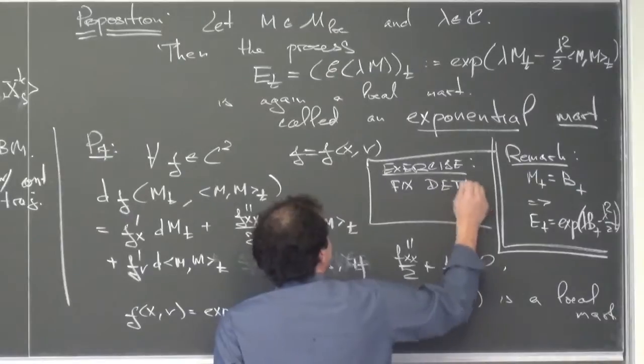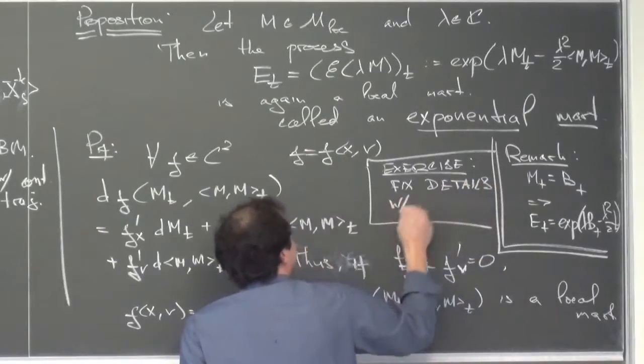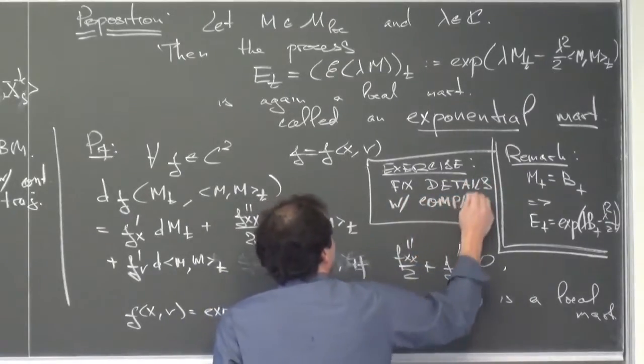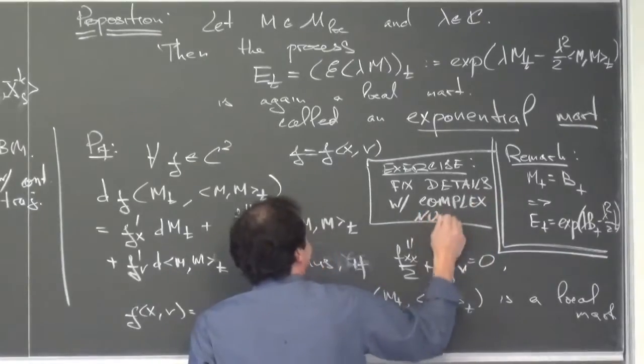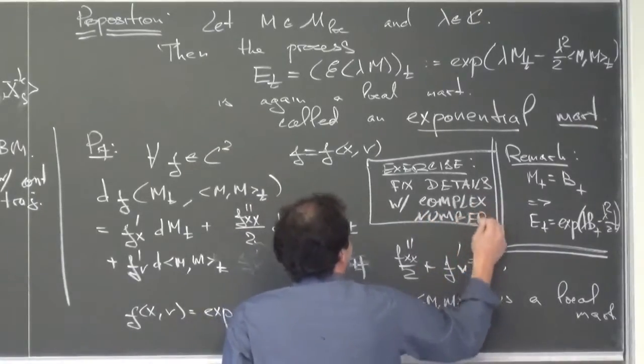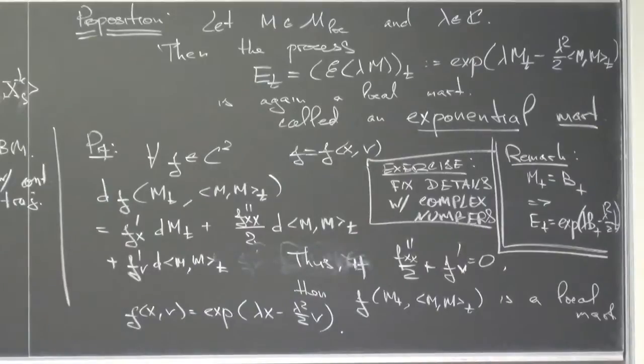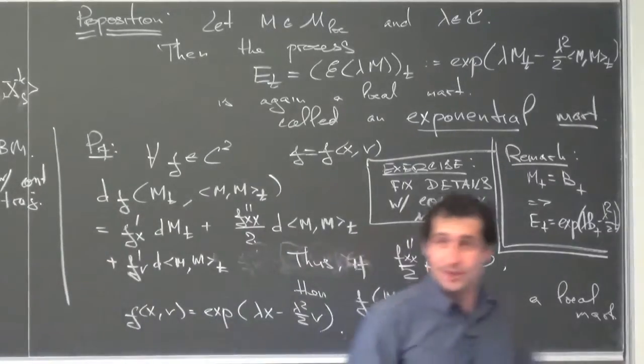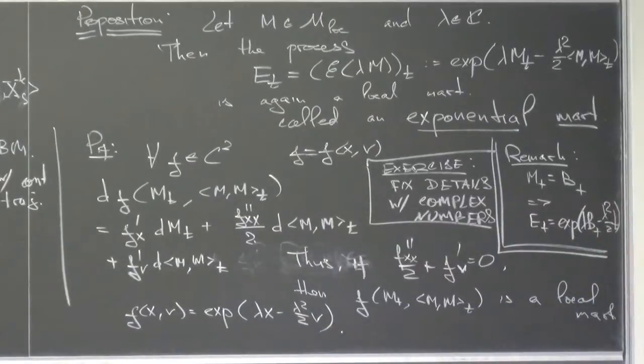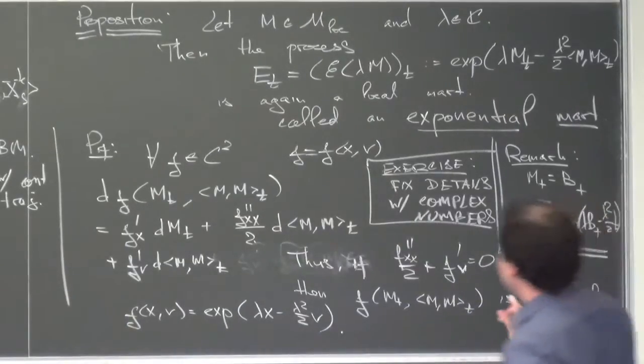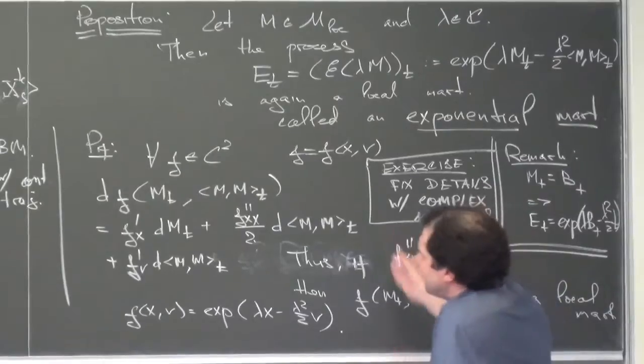Fix details with complex numbers. If you know some detail on complex numbers to be fixed, like, I don't know, zeros of the Riemann zeta, please fix it in this exercise. Okay, so there are several ways.